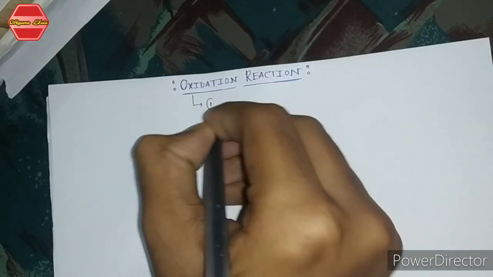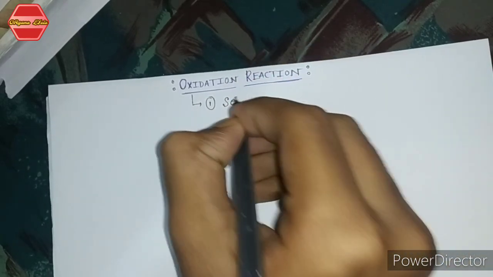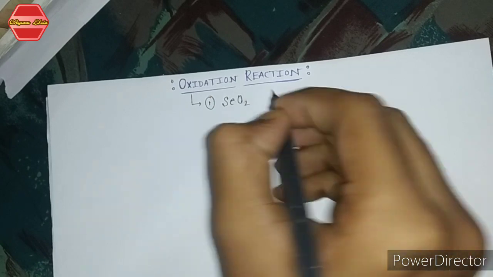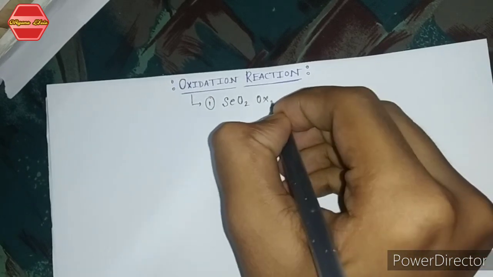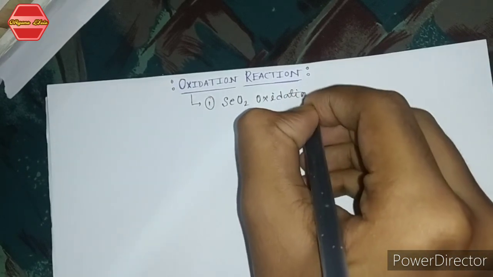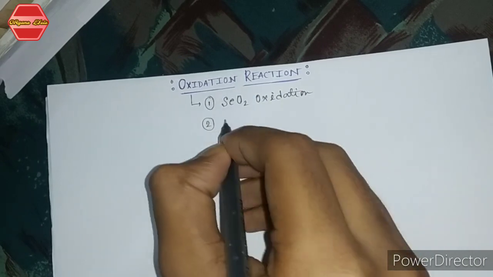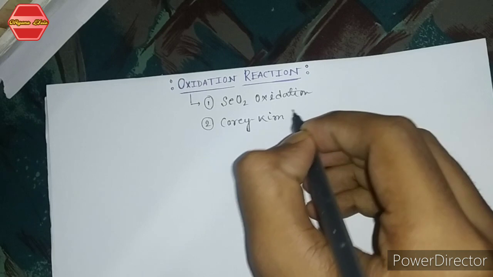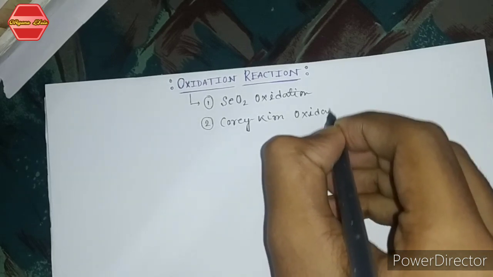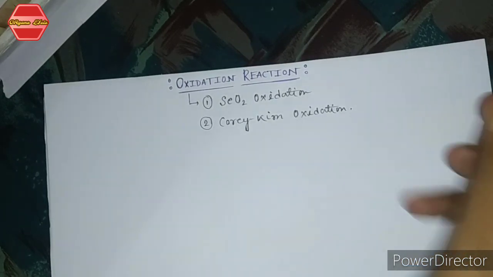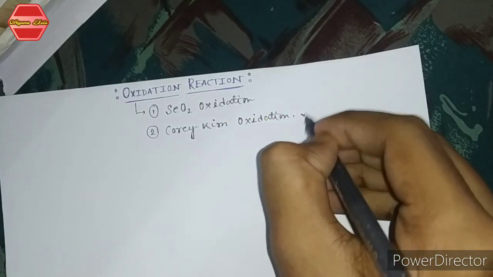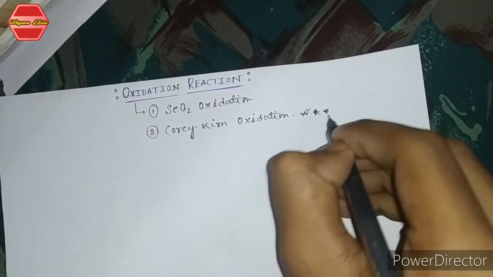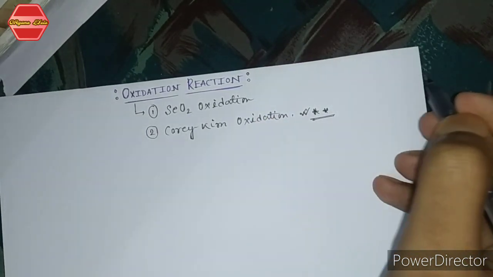Number one is selenium dioxide oxidation, and two is Corey-Kim oxidation. This Corey-Kim oxidation is very important for CSIR NET and GATE.